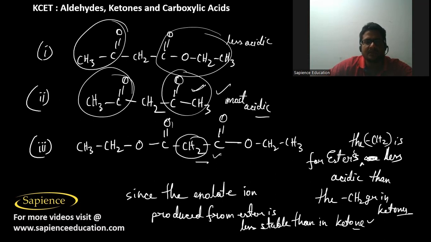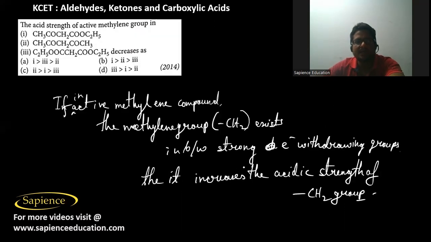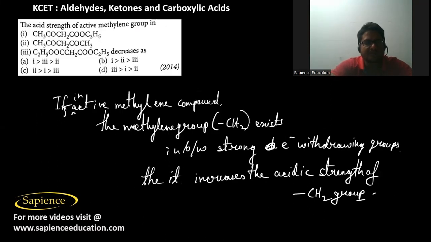And in the third one, both the groups attached to the methylene group are esters only, so it is the least acidic. So hence the order of the acidic strength is second one more than the first one, more than the third one. So 2, 1, 3. So option C is the correct answer.